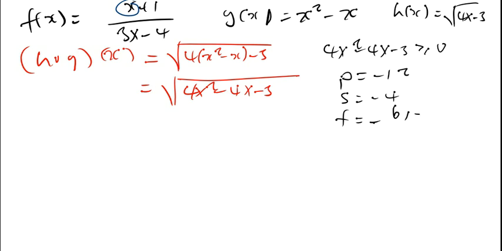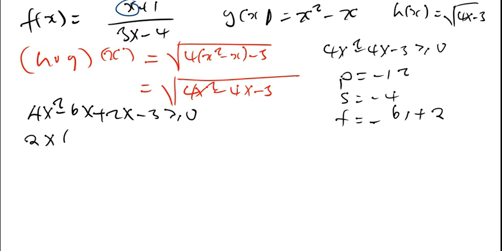Negative 6 and positive what? 2. 4x squared minus 6x plus 2x minus 3 greater than or equal to 0. Factor out 2x. I'll have 2x minus 3. Factor out 1. 2x minus 3 greater than or equal to 0.